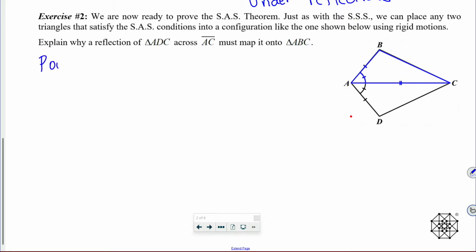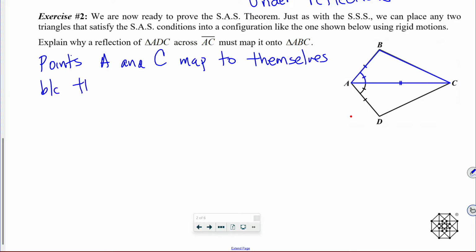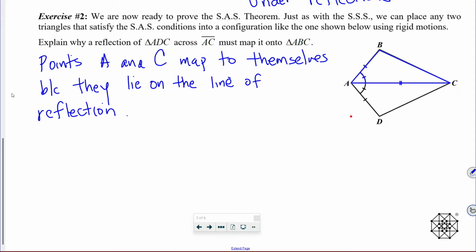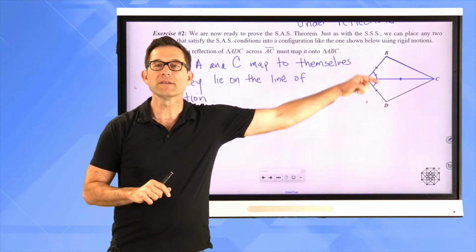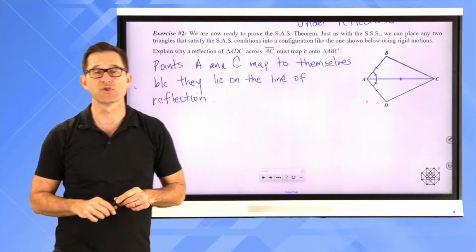So points A and C map to themselves because they lie on the line of reflection, right?